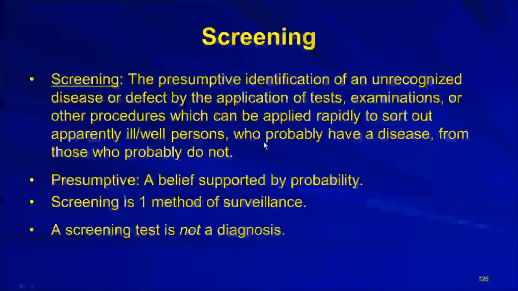Okay, so we're looking at those who are diseased and we're trying to compare or isolate or put into categories those who probably do not have the disease. So we look at disease and non-disease.